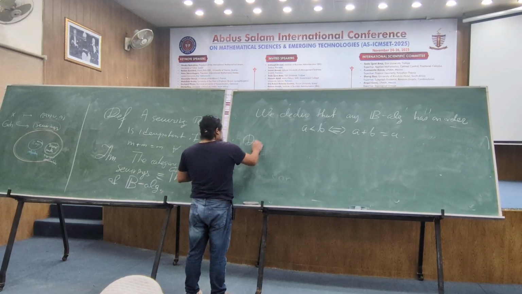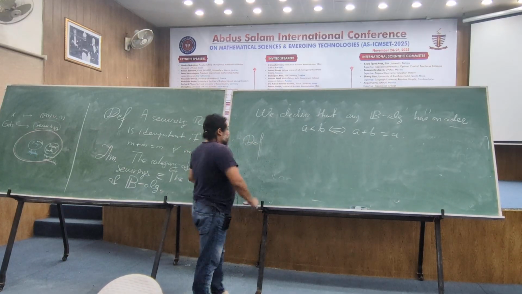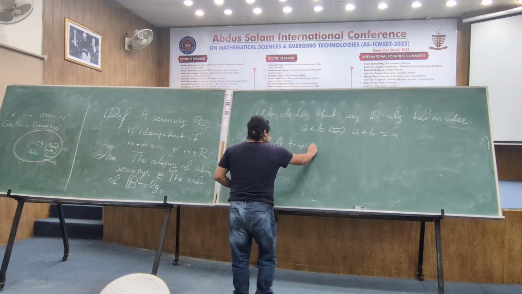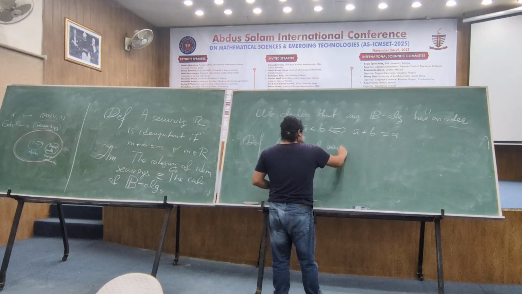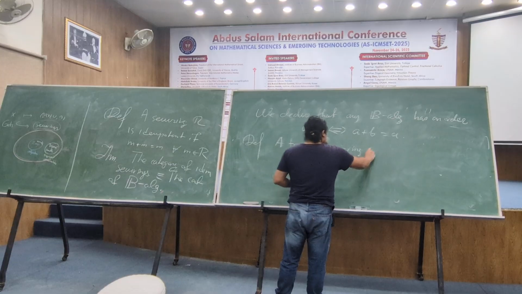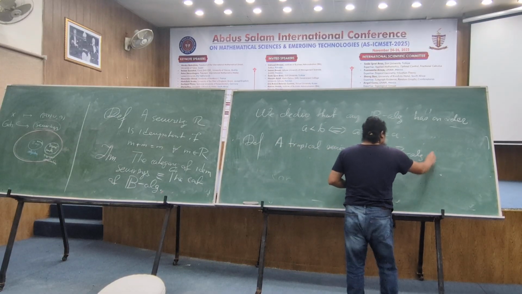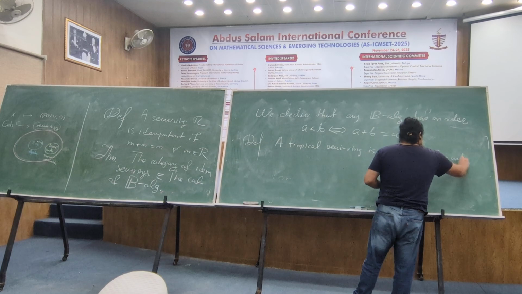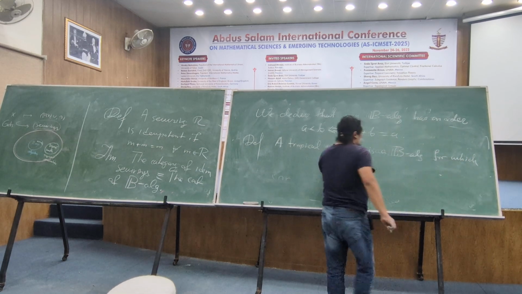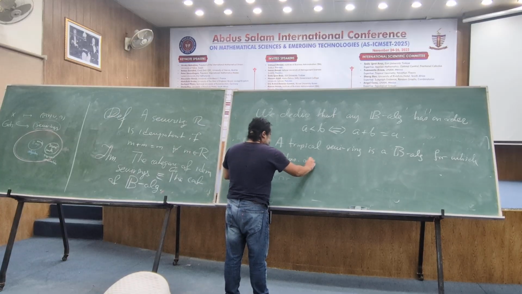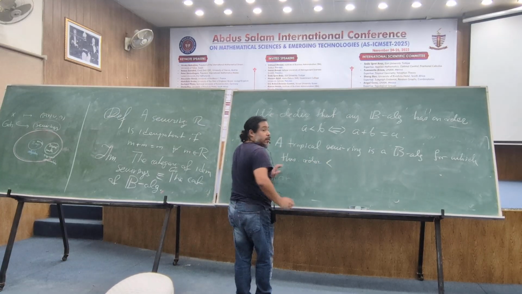Definition: a tropical semi-ring is a B algebra for which this order is total.